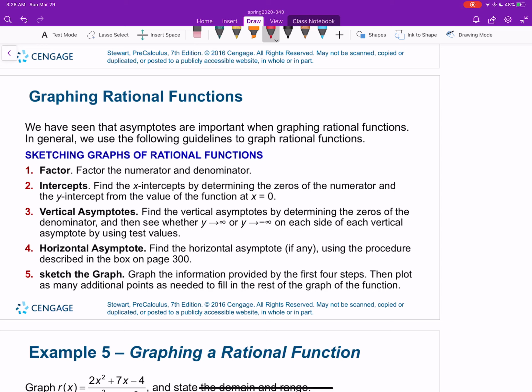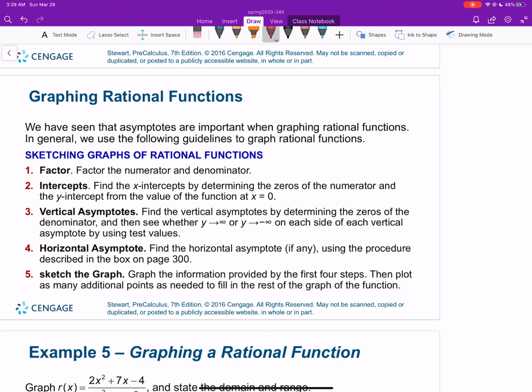If the degree of the numerator is less than the degree of the denominator, then the equation of the horizontal asymptote is y equal to 0. And the last case was if the degree of the numerator was bigger than the degree of the denominator, then you have no horizontal asymptote.